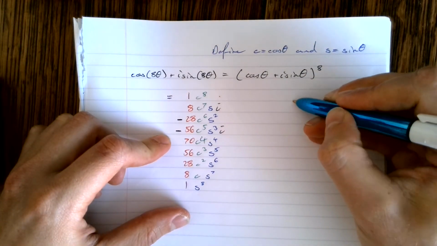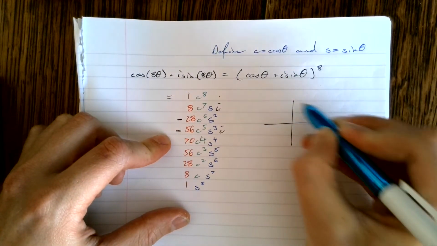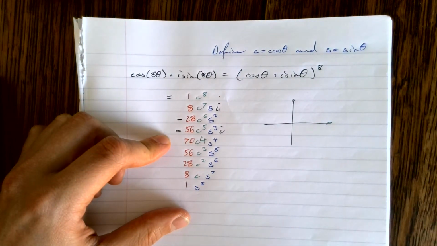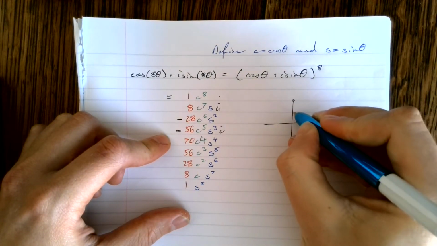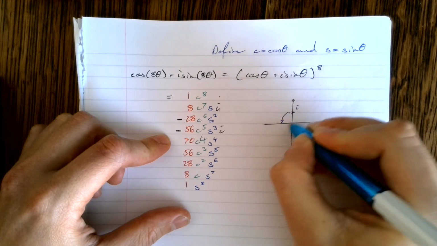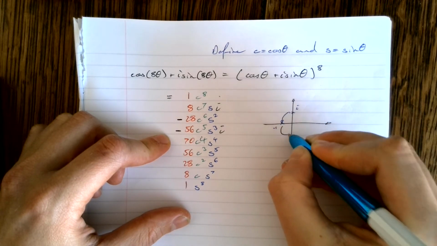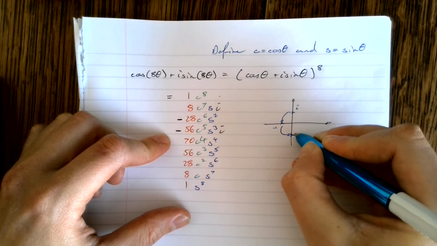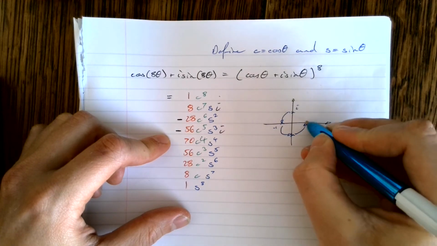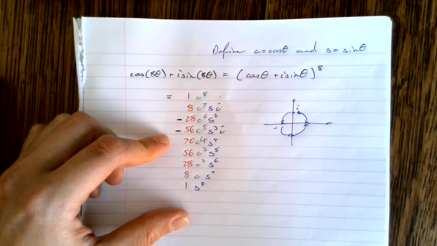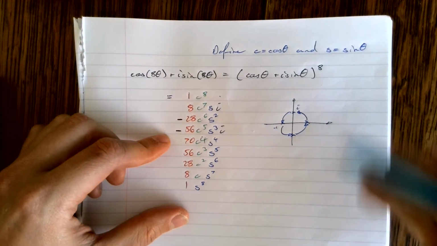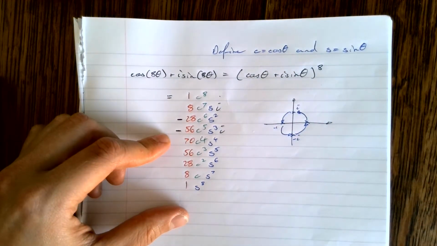I have in my head here the repeating values that when we have i squared is -1, i cubed is -i, i to the power of 4 is 1, and then it cycles round. I have this image in my head when I'm doing it. So where did we get up to?